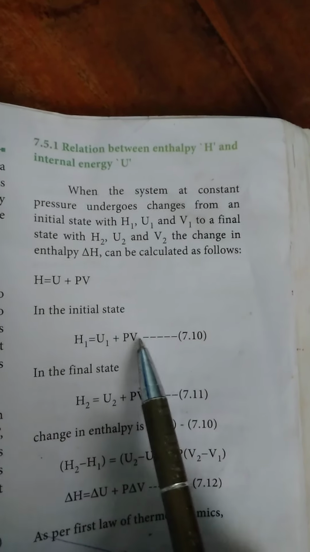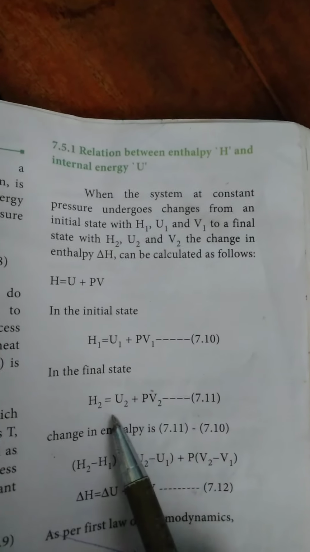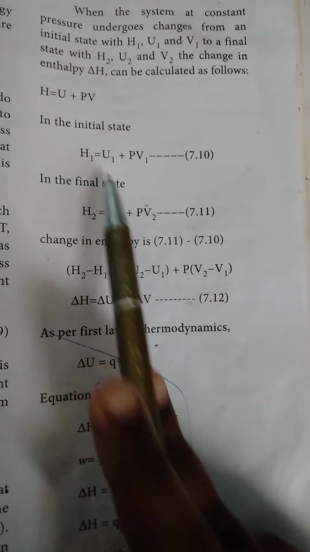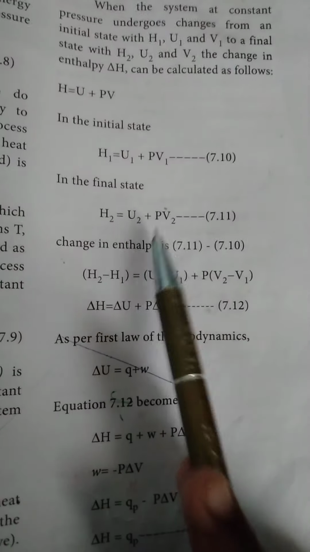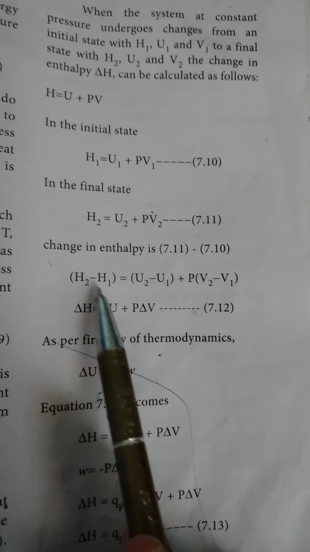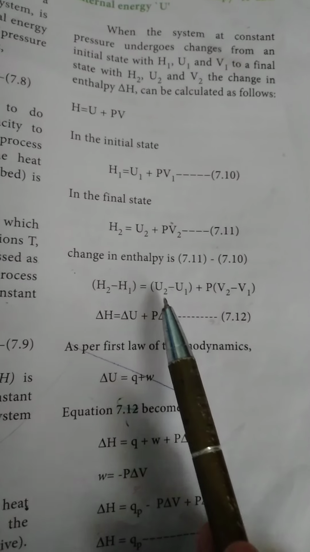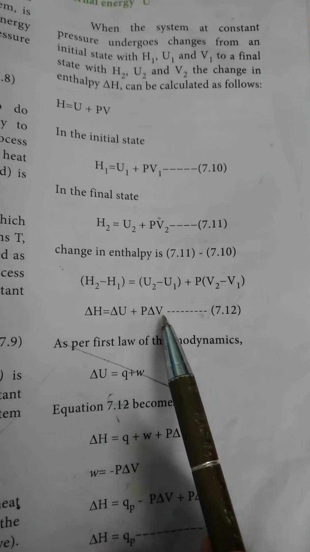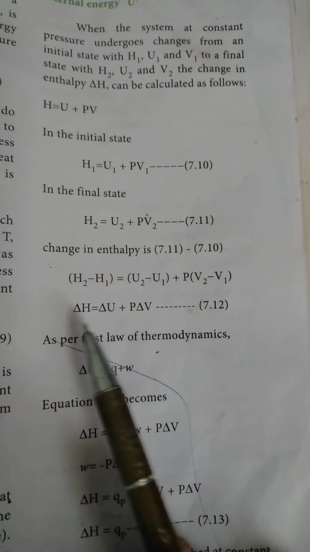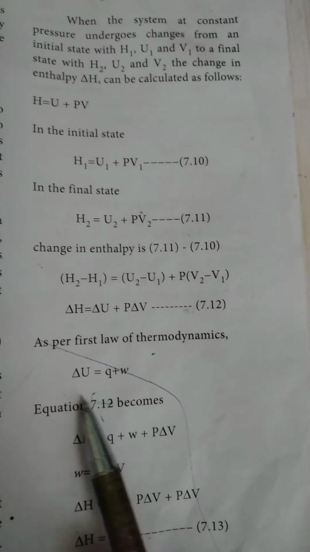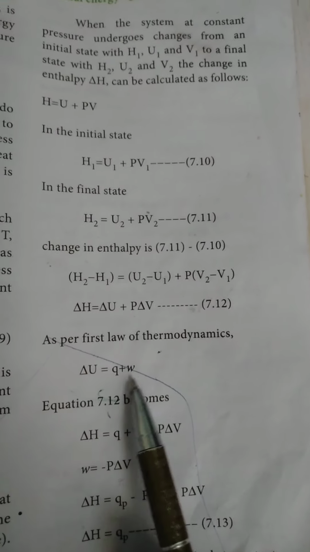Writing it for the final state minus the initial state, H2 minus H1 is equal to U2 minus U1 plus P into (V2 minus V1). H2 minus H1 is delta H, U2 minus U1 is delta U, and V2 minus V1 is delta V. So delta H is equal to delta U plus P delta V. According to the first law, delta U is equal to Q plus W.